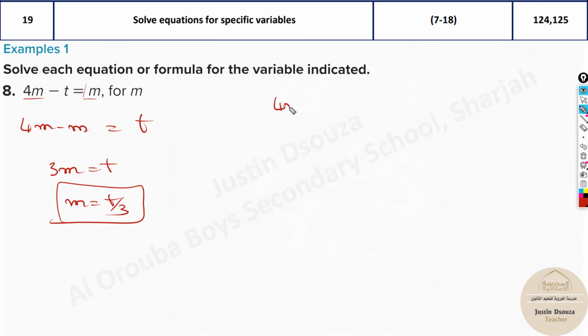Otherwise you can also do it like this. See, 4M minus T equals M. This is given, right? Subtract M both the sides. It will be 4M minus T minus M equals M minus M. Over here, M minus M will be 0 and 4M minus M will be 3M minus T. Now add T both the sides.